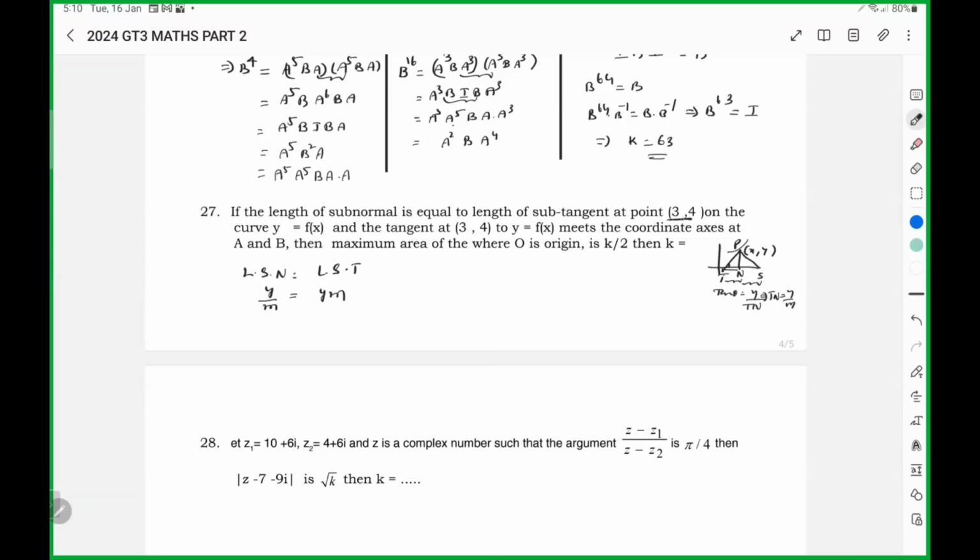So at which point, 3 comma 4, here y gets cancelled at the same point, so m square is 1, tan theta is 1, theta is pi by 4, and if it is minus 1, it's minus 3 by 4.